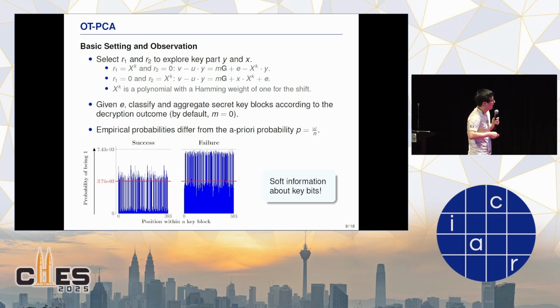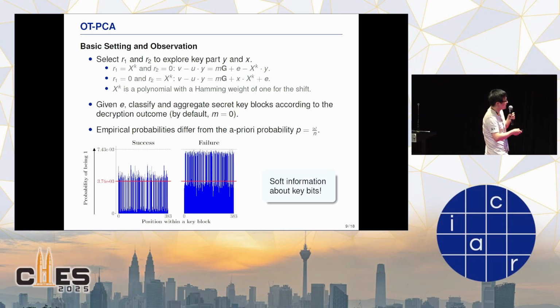So this is an example of an offline template. You see this empirical, so this is a priori probability. Before knowing the decoding output, each bit, each position is equal, with just a small probability of being 1.